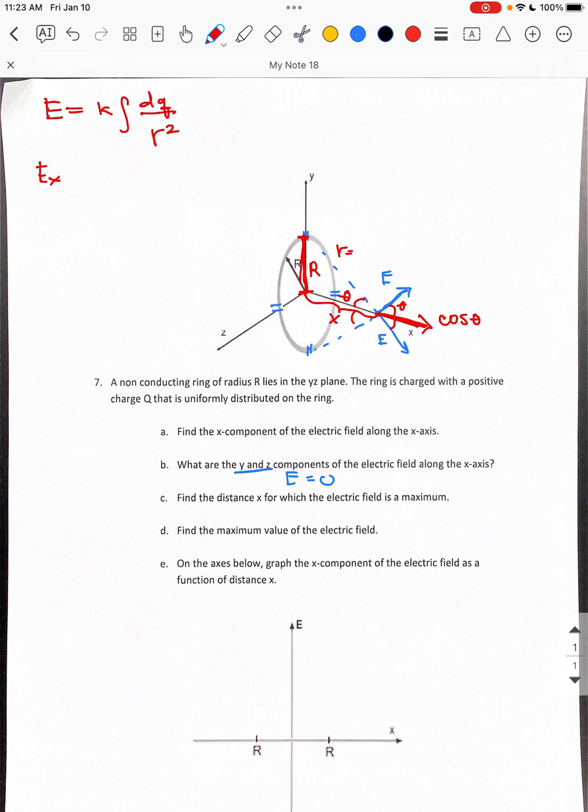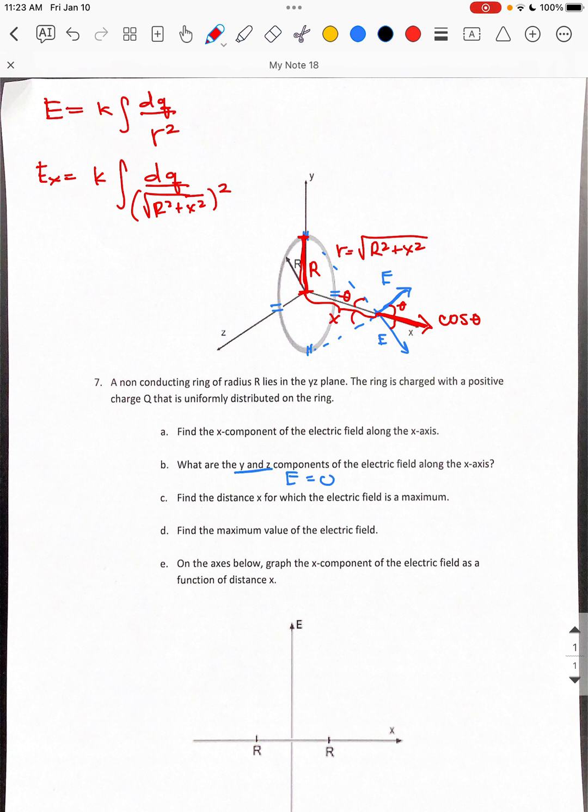I know that my distance is going to be the square root of big R squared plus x squared. And then from there, we can plug in all the parts of our equation. This is going to be the square root of R squared plus x squared, all quantity squared.